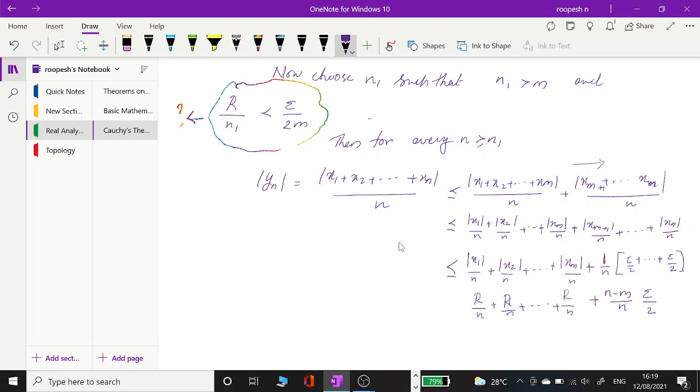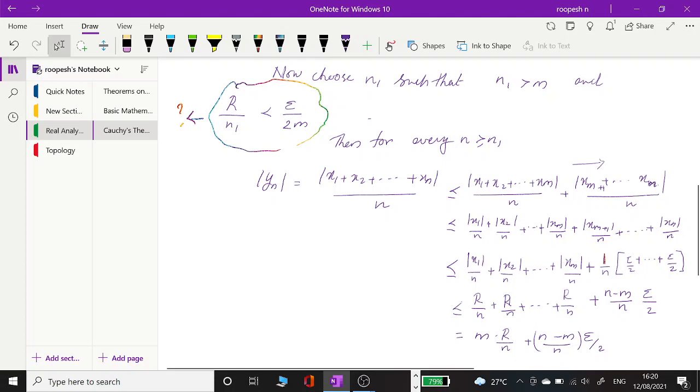So totally how many terms are there? M terms, right? So m times I will get this equal to m times r by n plus n minus m by n times epsilon by 2, right?